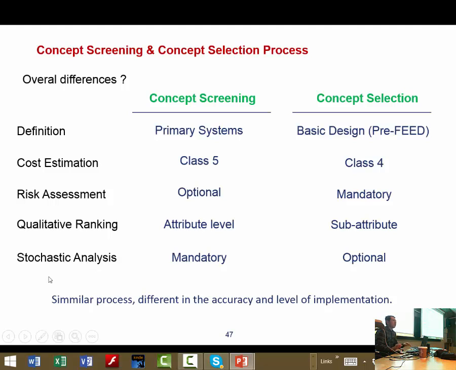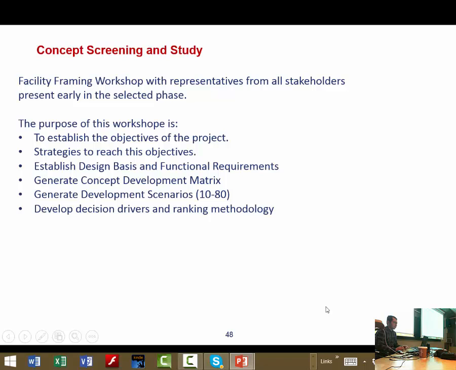And also stochastic analysis: because you are planning based on uncertainties, it is quite common to make some stochastic analysis to consider the relative effect of different parameters. Stochastic analysis for concept screening is mandatory. Why? Because here your parameters are much more uncertain than in the concept selection phase. For concept selection, stochastic analysis is usually optional. But together they use a similar process, though different, as we mentioned, in accuracy and level of implementation.